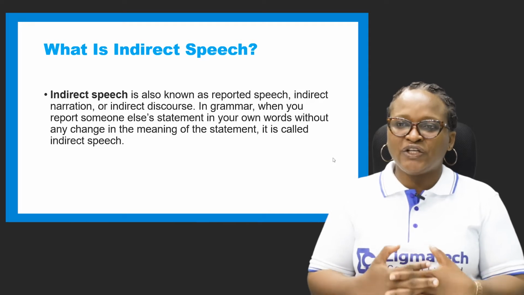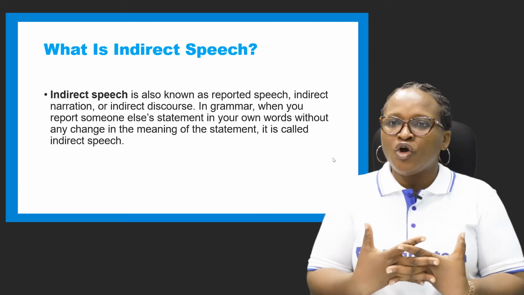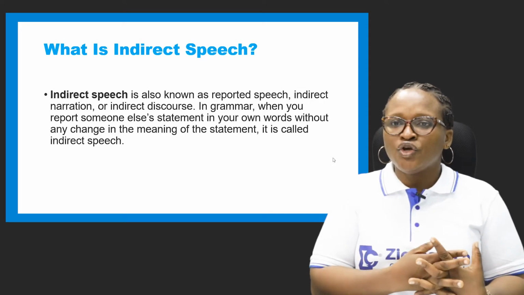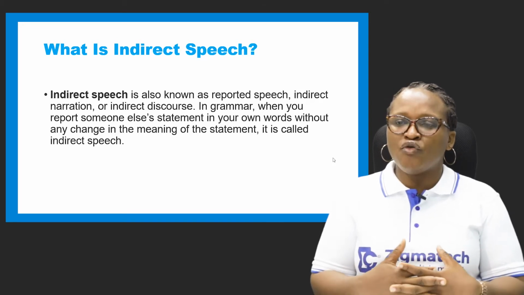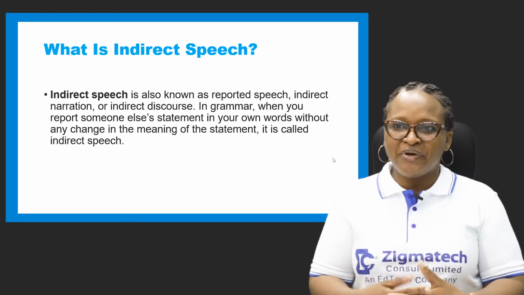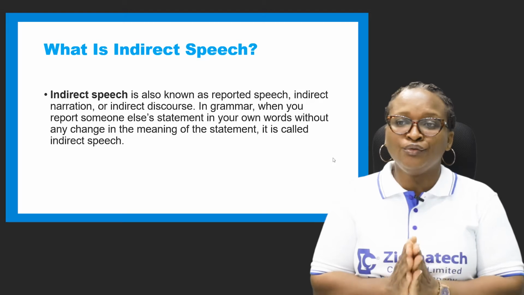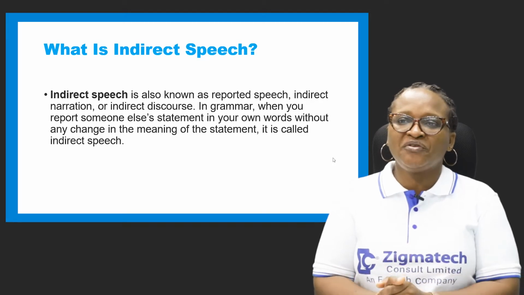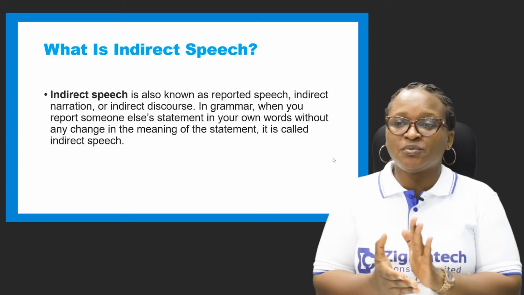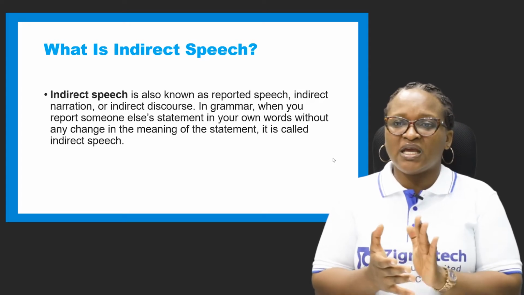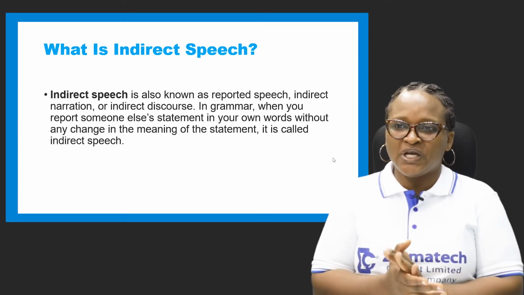Now, what is indirect speech? If you looked at the picture we used as an example, you would see where they referred to indirect speech as reported speech. Now, indirect speech basically is known as reported speech. Why do we refer to it as reported speech? It is referred to as reported speech because it is not the exact words of the speaker.